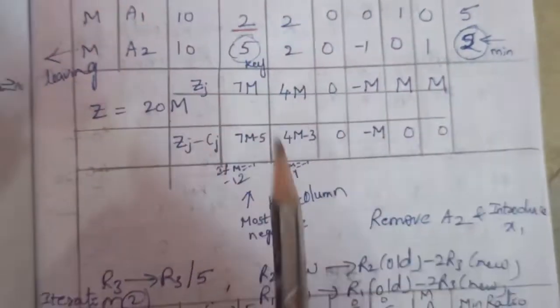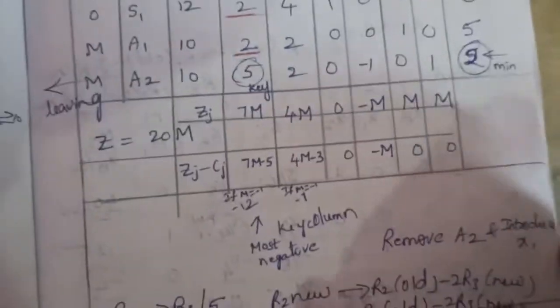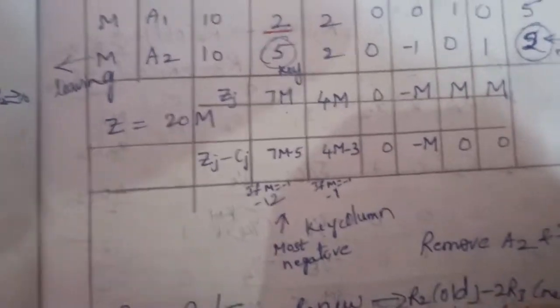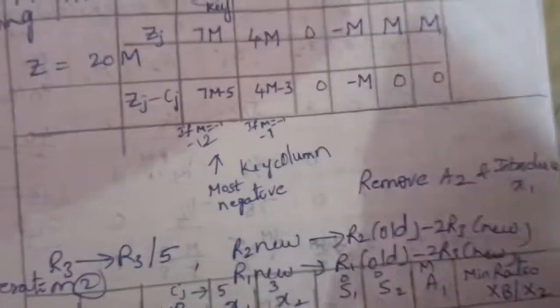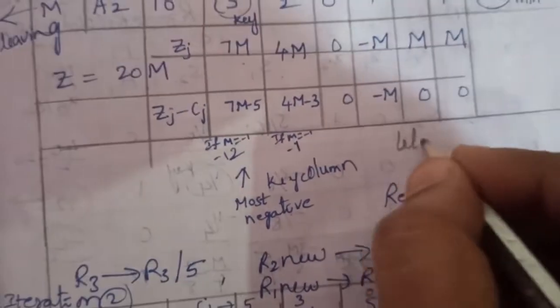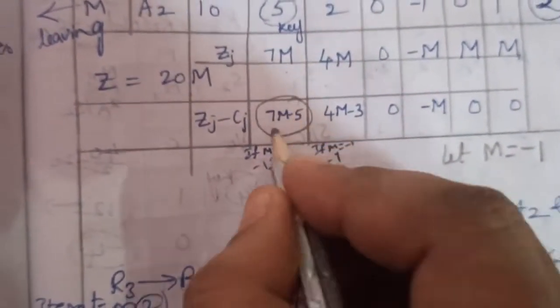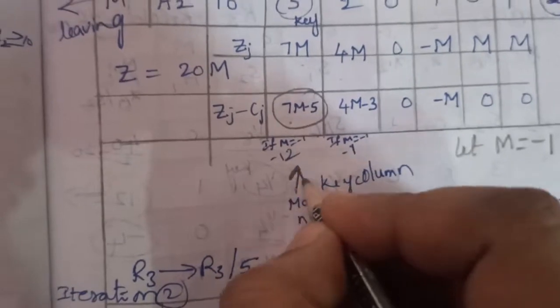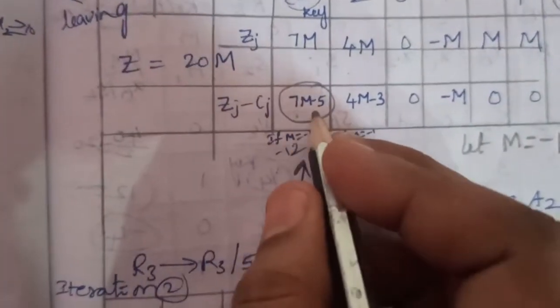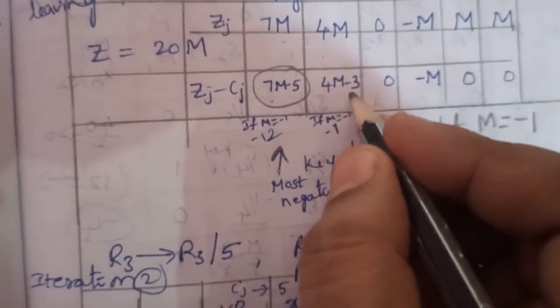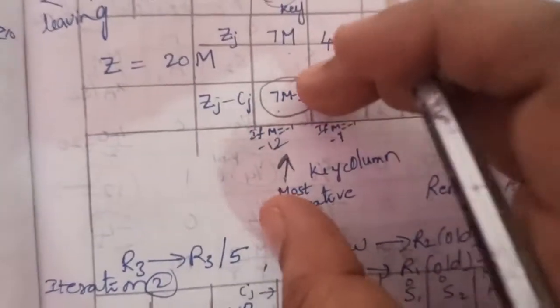Likewise we got. Next, what is the highest or lowest value? What is the most negative value? For that purpose, if we take m equals minus 1, then minus 7 minus 5 is minus 12, and minus 4 minus 3 is minus 7. Among these the most negative is this one only.